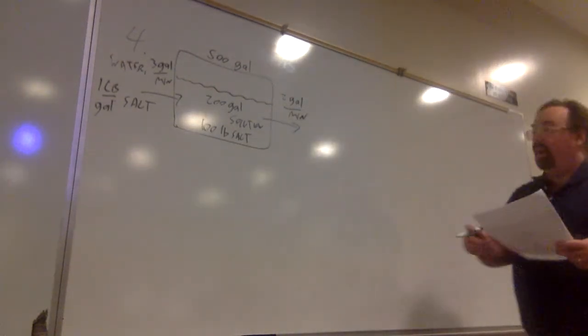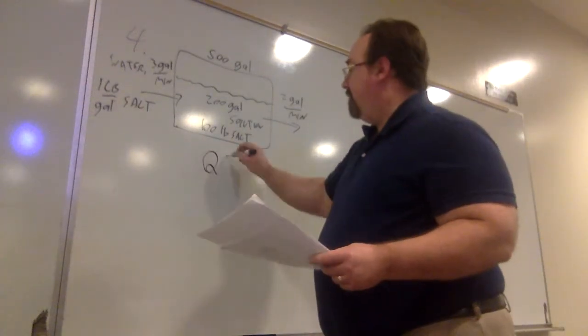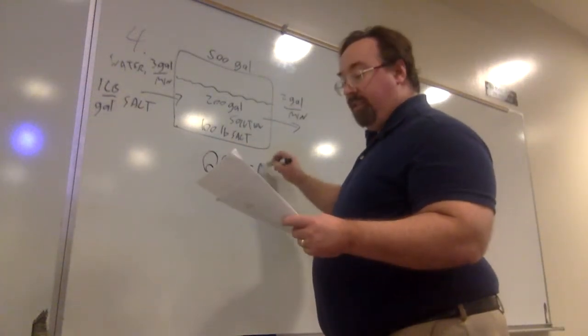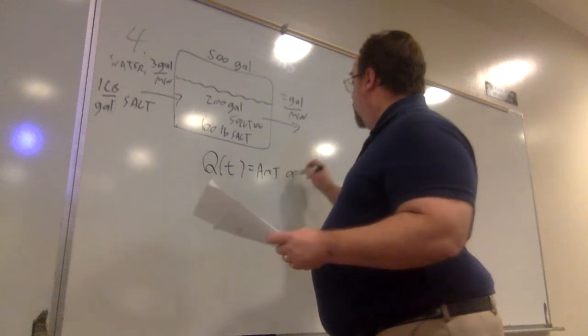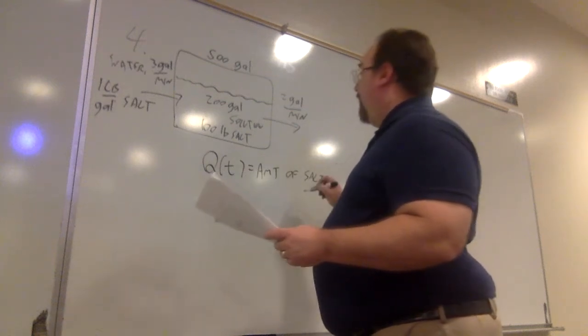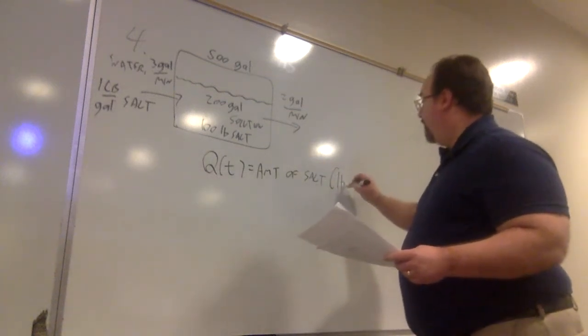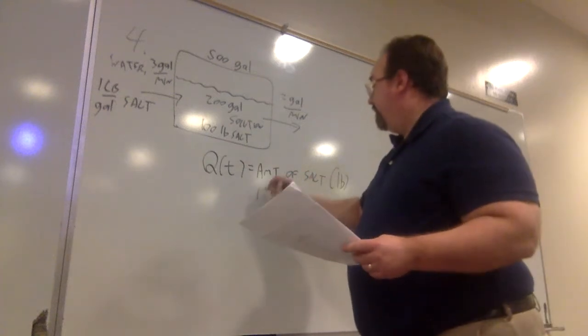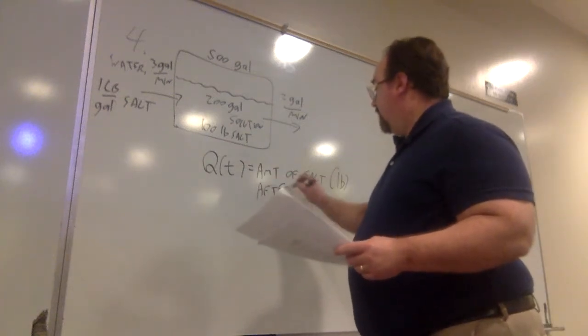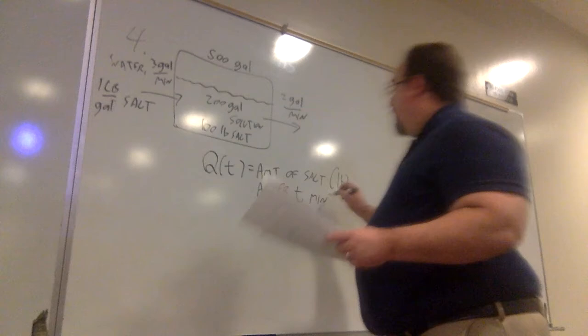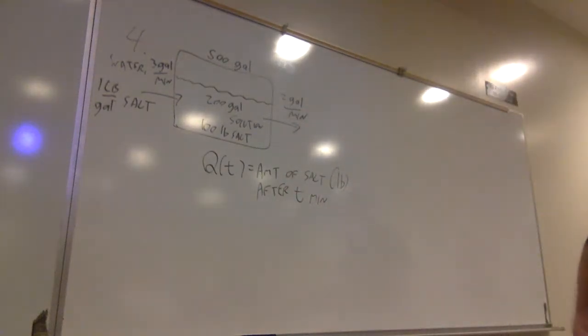Okay. And you're told that Q of t is the amount of salt, and this would be in pounds, after t minutes, and you're specifying an initial value problem, and then once you have that written down, you go ahead and solve it.